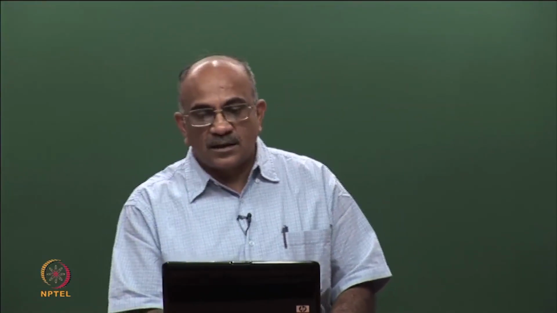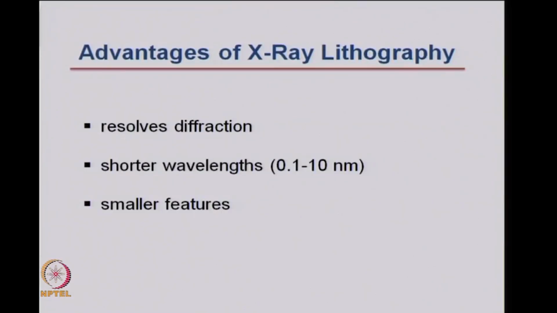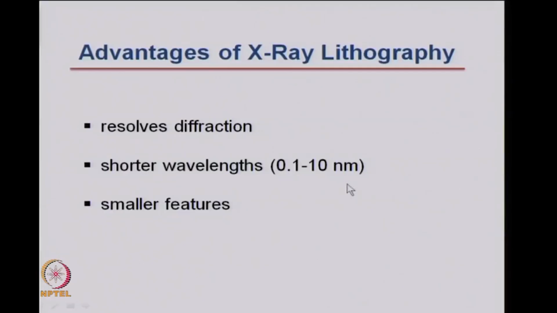So, in photolithography using UV, when we come across the problem of the diffraction limit, then if you use the X-ray techniques, it resolves that diffraction limit, because you can go to shorter and shorter wavelengths like 0.1 to 10 nanometers, and hence you can generate much smaller features using X-ray lithographic technique.